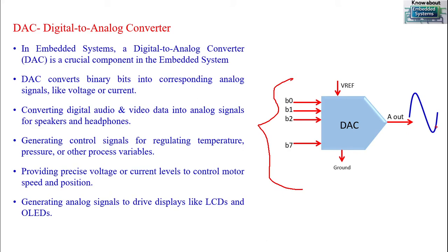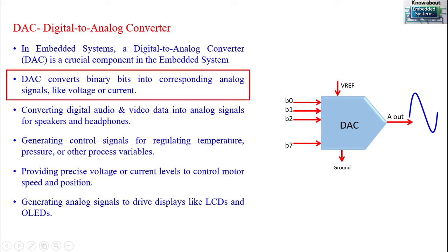It can be of any form, but most of the time we go for voltage and current. Any one form we will consider. So the DAC converts the binary bits into corresponding analog outputs like voltage and current.